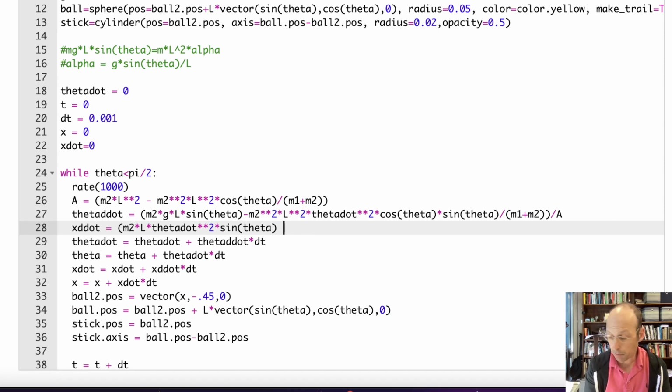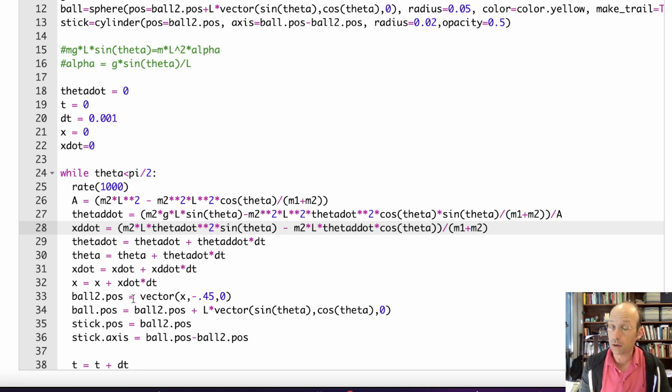Minus, not equals, minus M2 times L times theta double dot, which I just calculated, right? So I know what that is, times cosine theta. All of that divided by M1 plus M2. Okay, so then theta dot, x dot, they're all the same as what they were, and the animations are all the same.